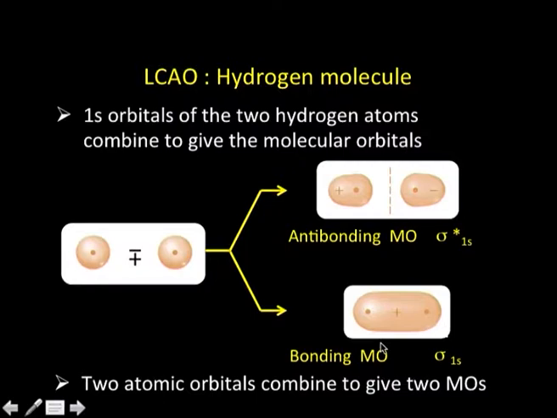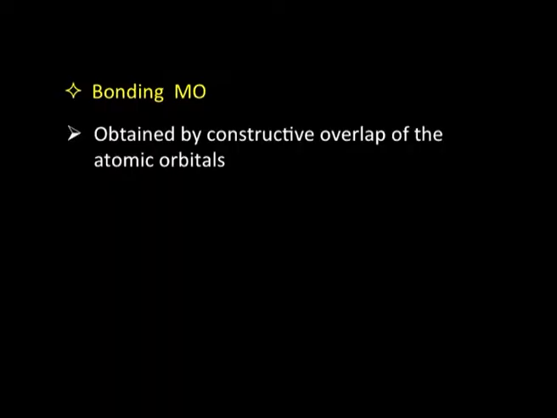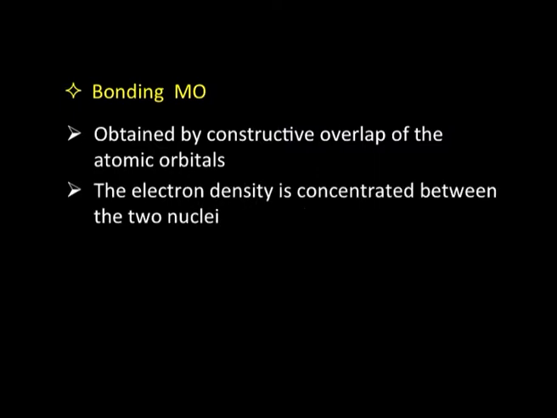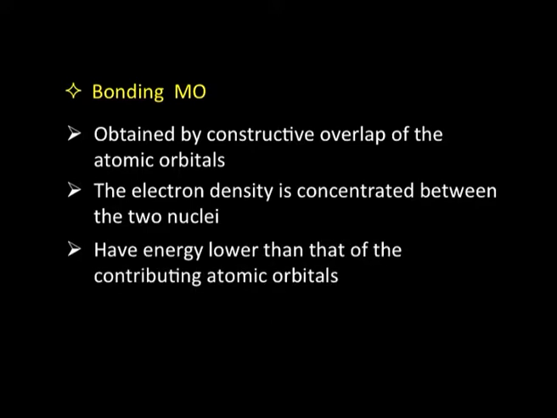Okay. Now, let us look a little into what the bonding molecular orbitals are. Bonding molecular orbitals, as I just mentioned, are obtained by constructive overlap of the atomic orbitals, number 1. Number 2, the electron density is concentrated between the two nuclei, as I just showed you. Thirdly, these molecular orbitals have got energy lower than that of the contributing atomic orbitals.